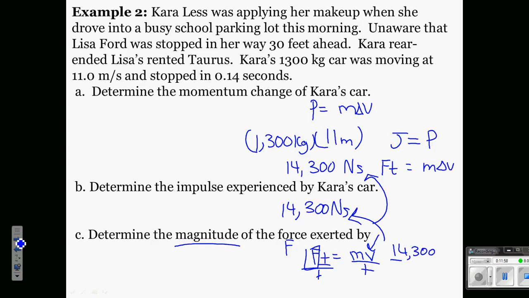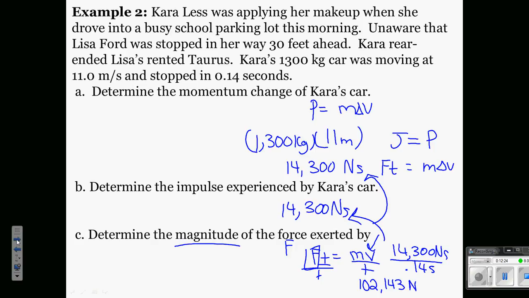So I take 14,300 N·s and I divide it by 0.14 s. And the answer that you should come up with is, it's a big answer actually, and it's going to be newtons.